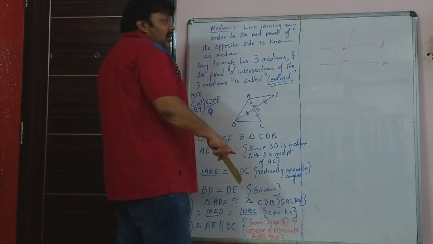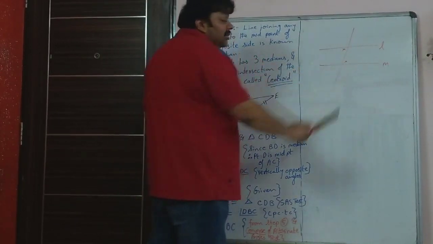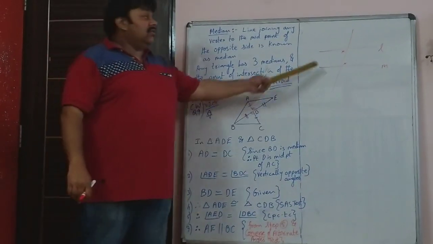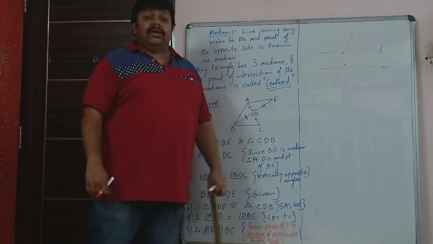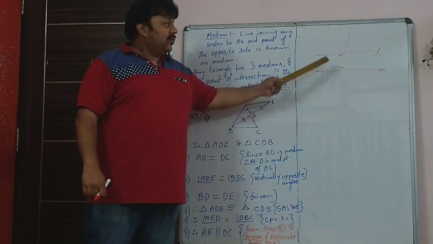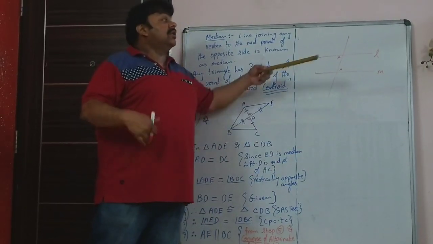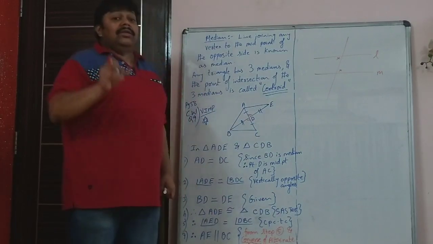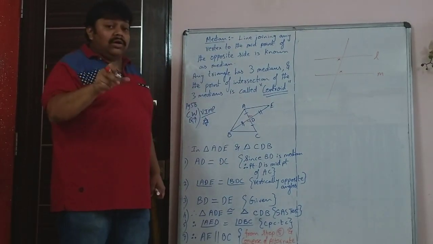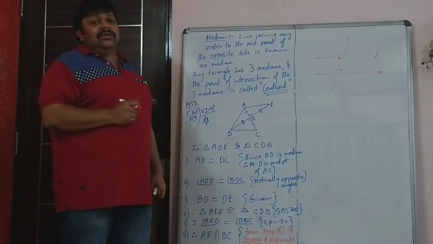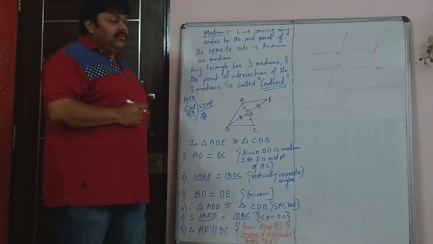So if you are proving two lines are parallel, the reason you will write in this case will be converse of alternate angles test. If you have proved two alternate angles are equal, and then you are saying that those lines are parallel, you have to write the words converse of alternate angles test of parallel lines.